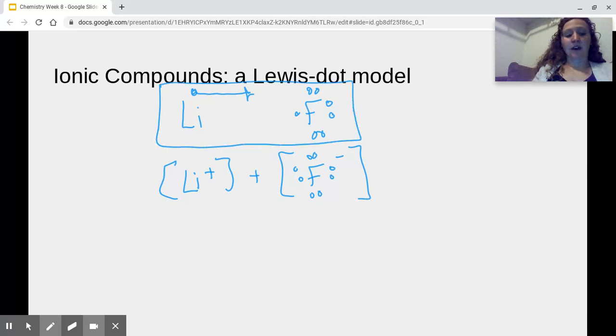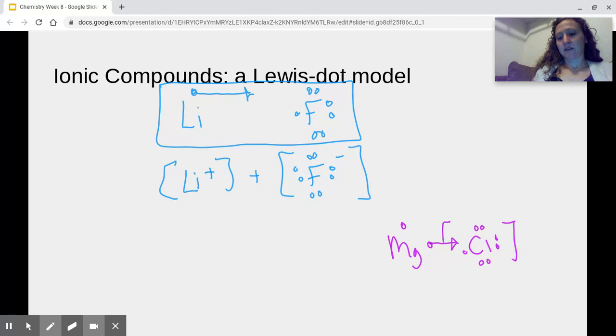You can do that for magnesium as well. Magnesium has 2 Lewis dots. Chlorine has 7. So you can see that magnesium donates 1 to this chlorine, making it negative. But it has 1 left, right?